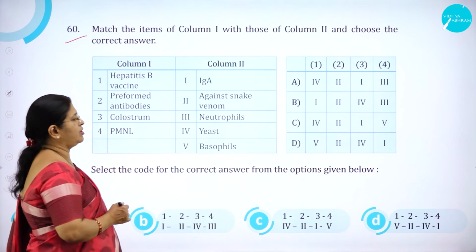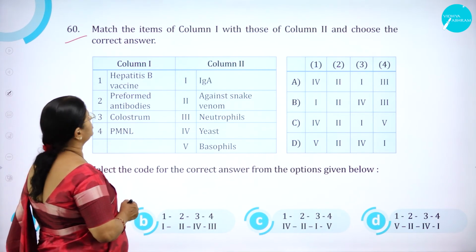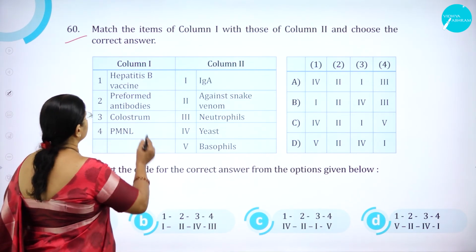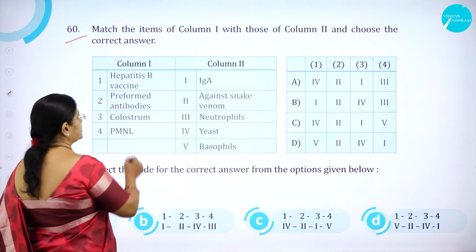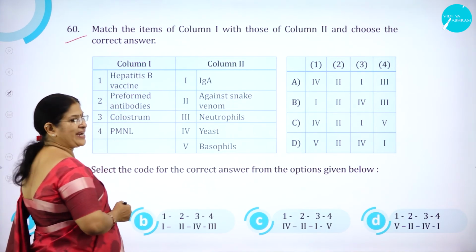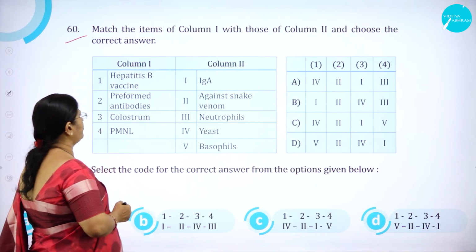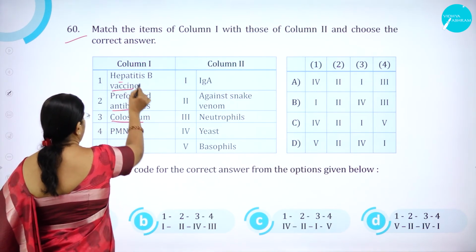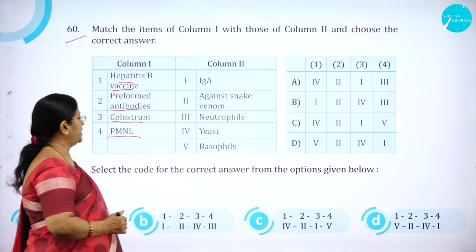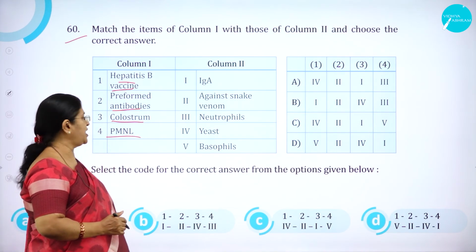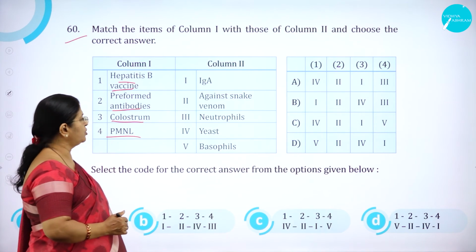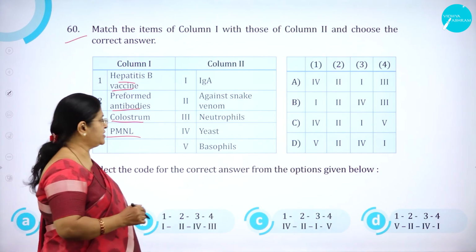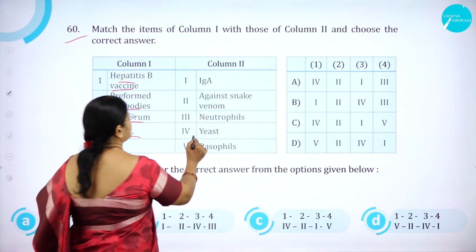Match the items of column 1 with those of column 2 and choose the correct answer. So column 1 has 1, hepatitis B vaccine, 2, preformed antibodies, 3, colostrum, and 4, PMNL, that is polymorphonuclear leukocyte. Hepatitis B, that is yeast.